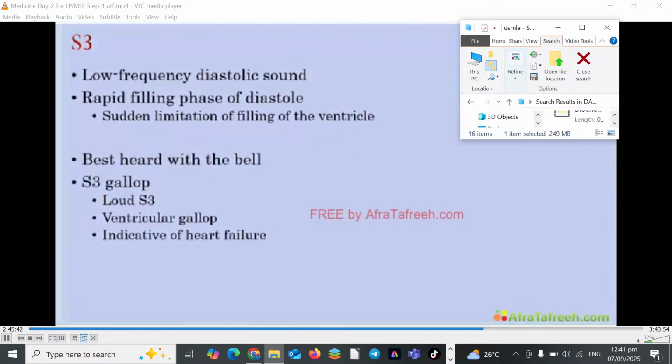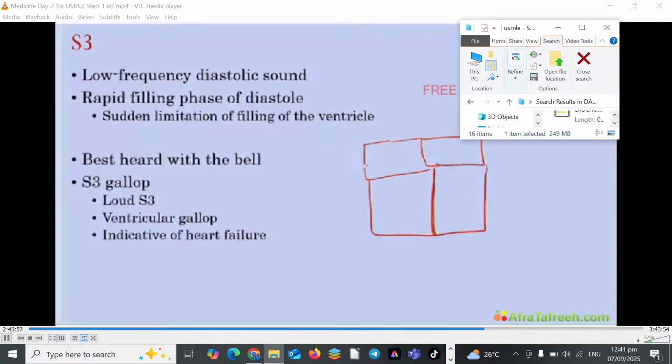In your cardiac cycle, first, you have the chambers. Okay, let's draw your chambers. This is your right side and this is your left side.